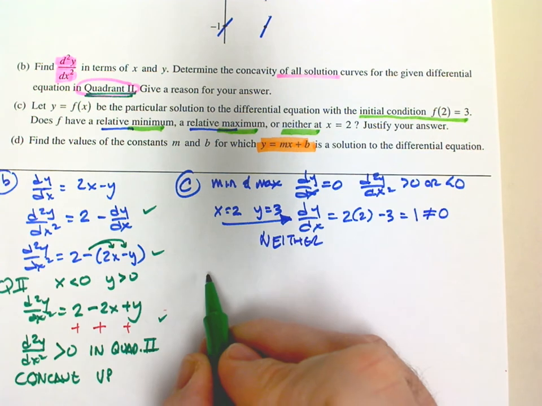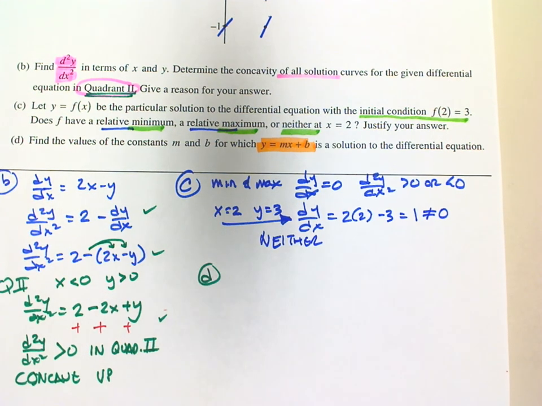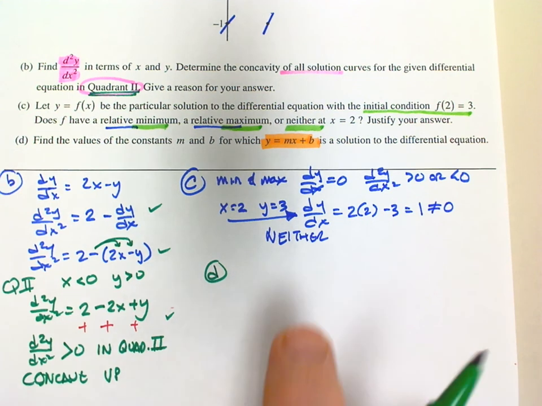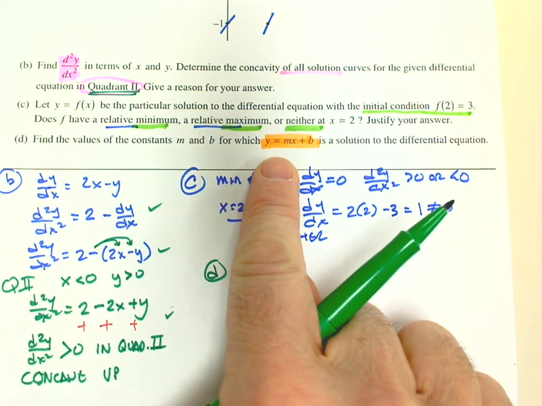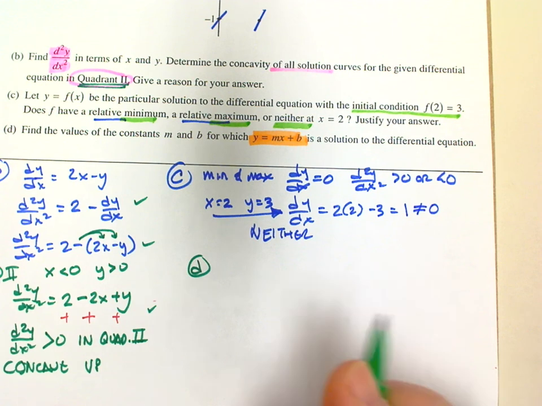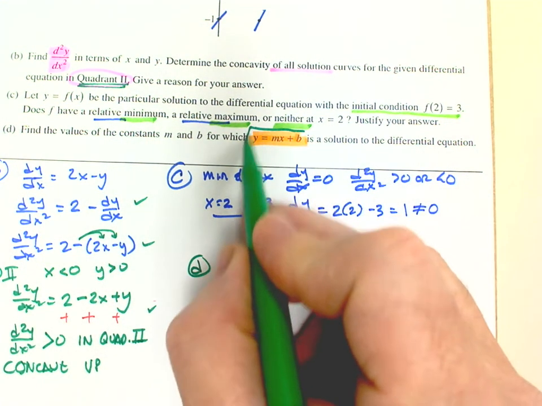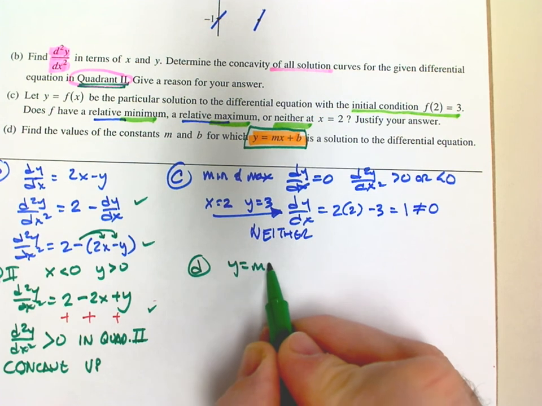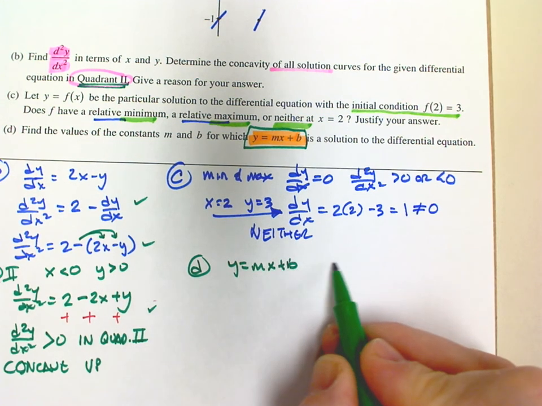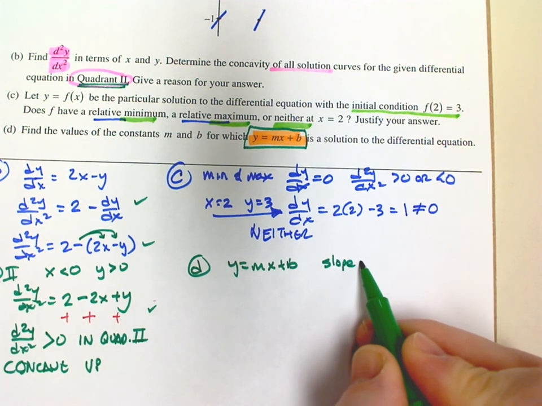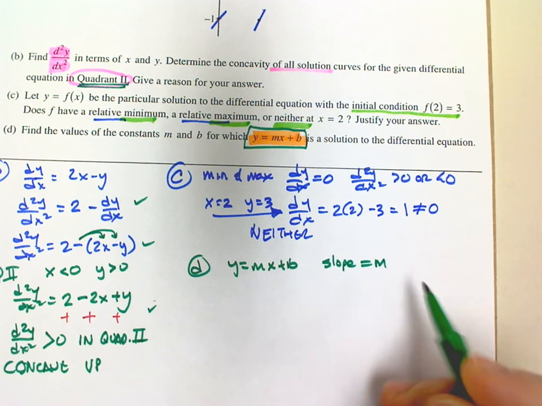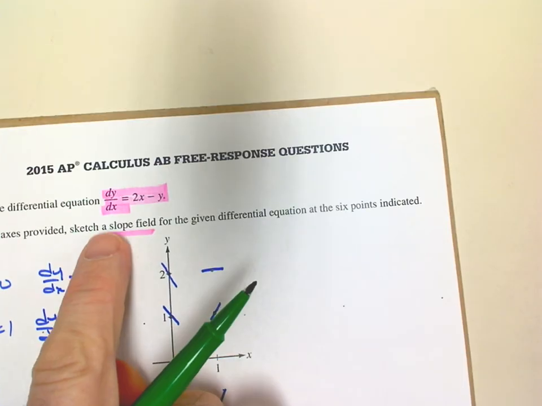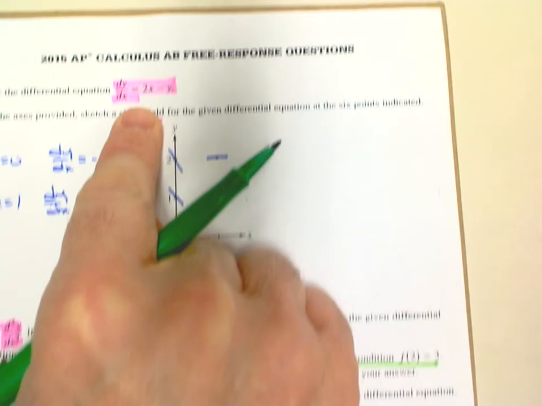Let's take a look at the final part of this to get our final 3 points. This says, let's use this to find the solution to our differential equation. The good old y equals mx plus b. So if y equals mx plus b, that means our slope is going to be m, which of course is equal to dy/dx.